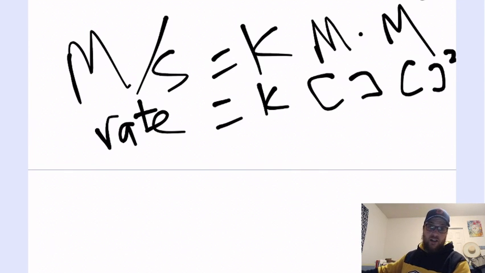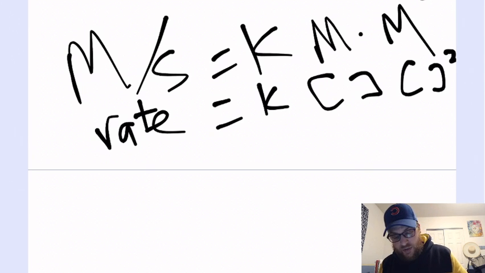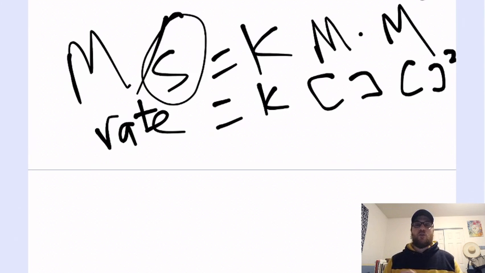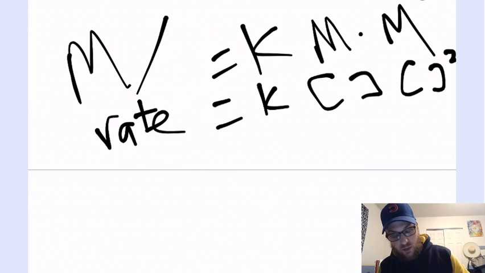Everything on the left-hand side, which is one thing, is molarity per second. Or I should say molarity per time, because that was another thing I noticed. Some of you were given something in minutes, and then you just said, nope, it's in seconds. You're going to get it wrong if you just change the unit to whatever fits some problem you did the day before. So let's change this so we eliminate confusion.